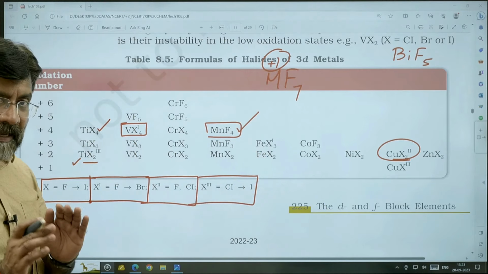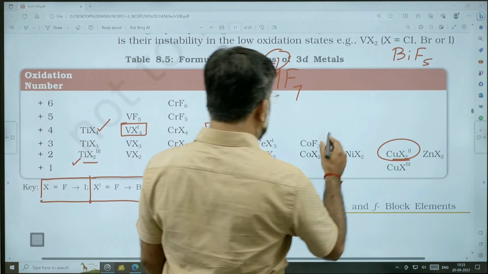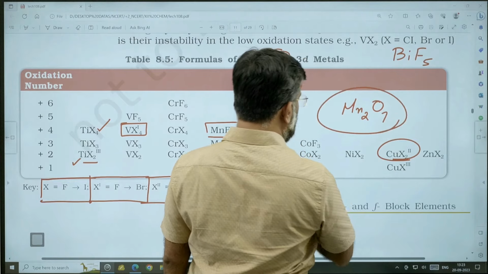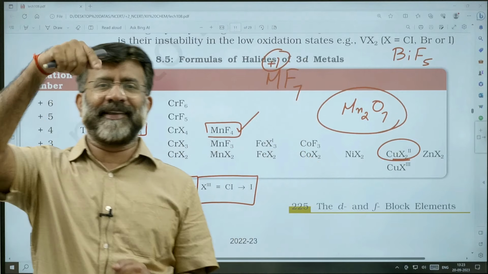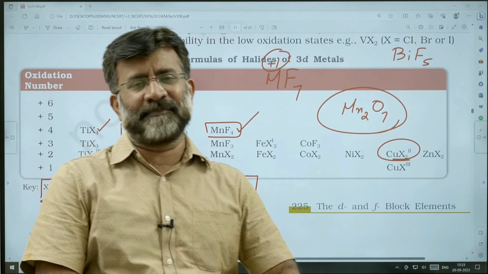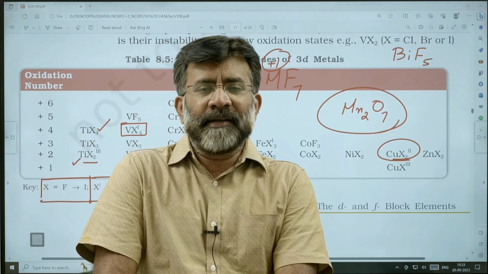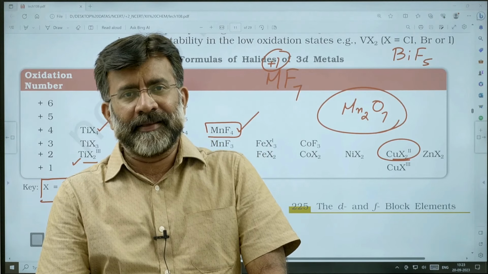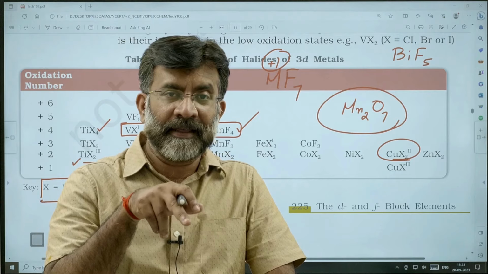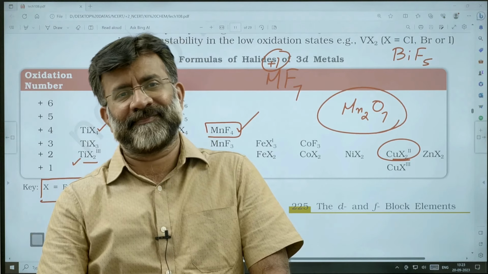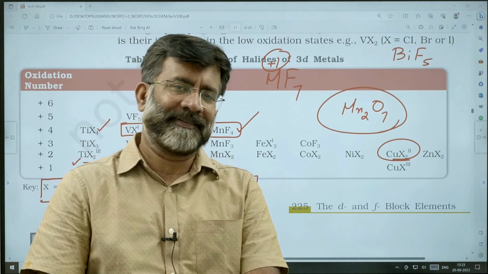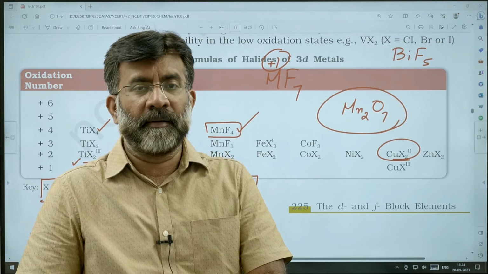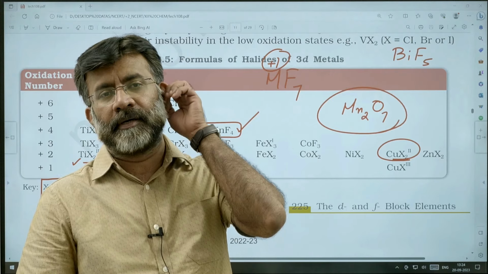At the same time, it is performed by oxygen. Oxygen brings manganese into the highest oxidation state. Quite an interesting point. So the ability to bring transition metals into the highest oxidation state is greater for oxygen than fluorine. Important point. Because oxygen is able to make multiple bonds with the transition metals.